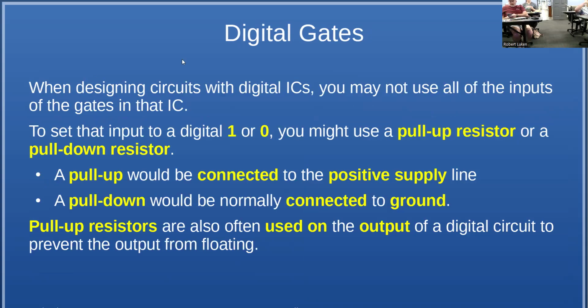One of the things you need to do when you're designing or building a circuit is, if you have any unused inputs, you need to tie them, usually through a pull-up resistor, to ground or whatever your positive source is. So you force it to a 1 or 0 state so the output is defined.